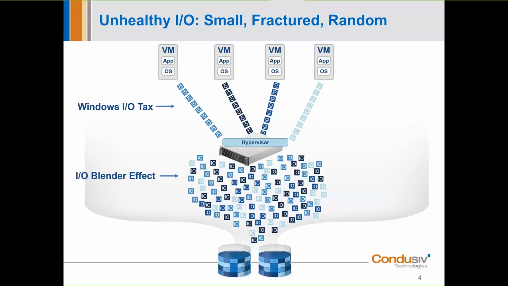Now, in a virtualized environment, this performance penalty can be amplified by something called the I/O blender effect. And what's happening here is that you have small, fractured I/O packets coming from the virtual machines, and as they pass through the hypervisor, which could be VMware ESX or ESXi or a Hyper-V host or KVM running on Red Hat, the hypervisor mixes these I/O streams together, causing a randomization effect.